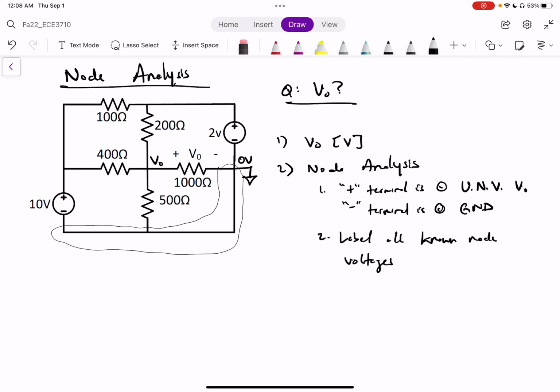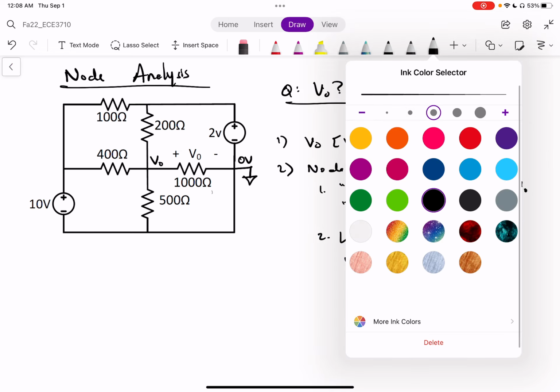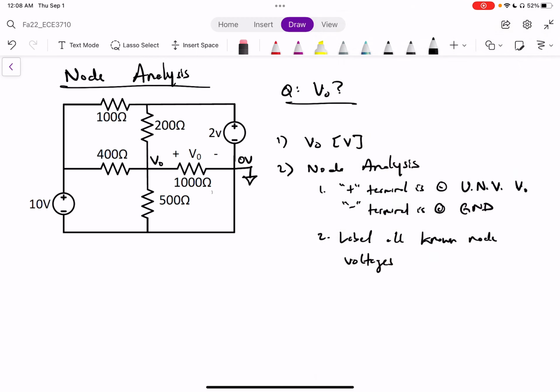It is connecting the 2-volt source, the 1000 ohm resistor, the 500 ohm resistor, and the 10-volt source. Because that is one big node, I can assume that this is also 0 volts. I also then notice that this is a node, this is a node, and this is a node.